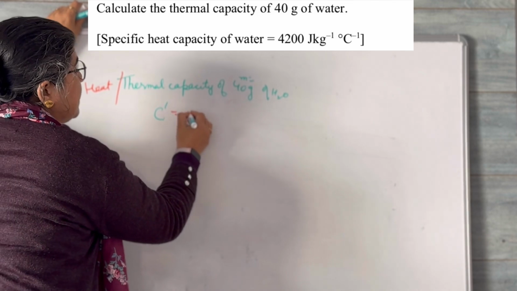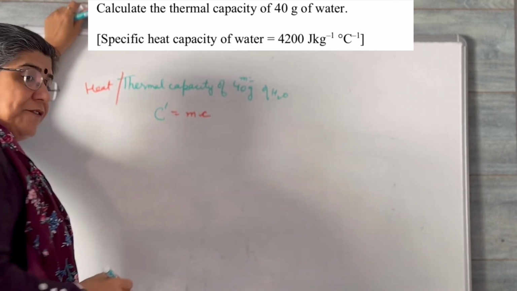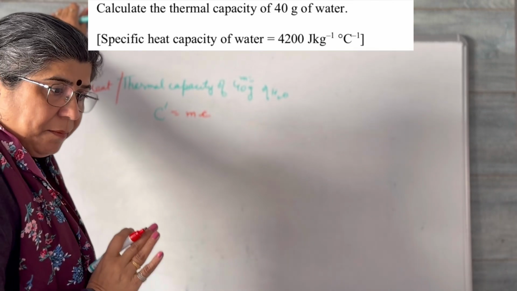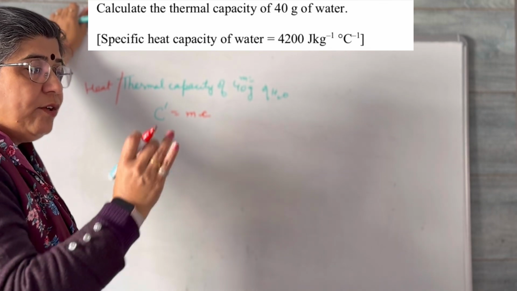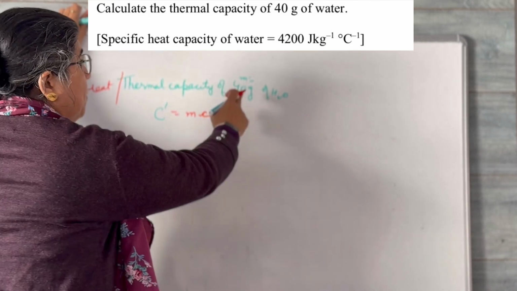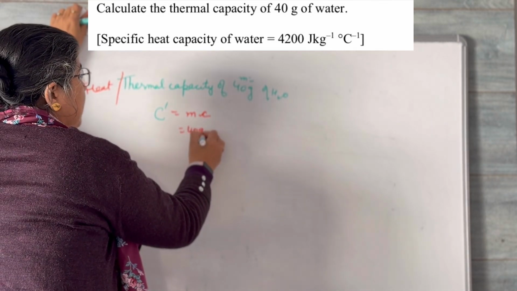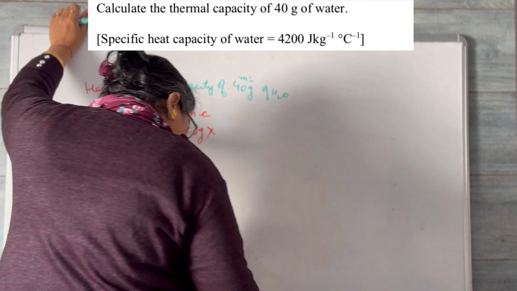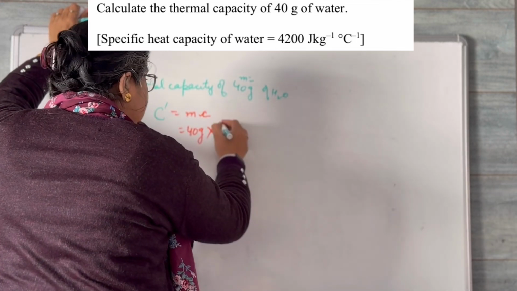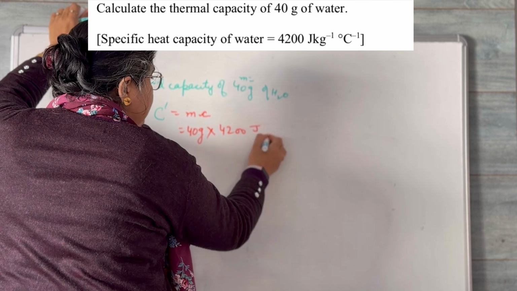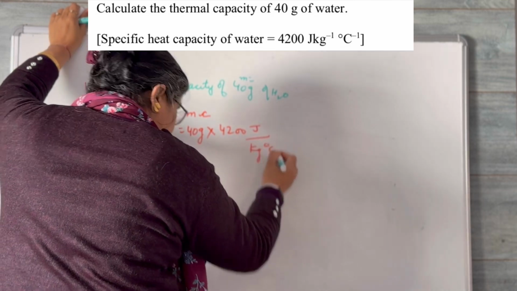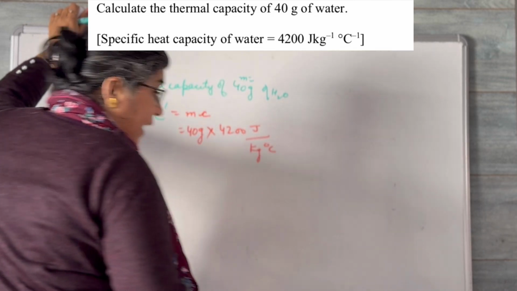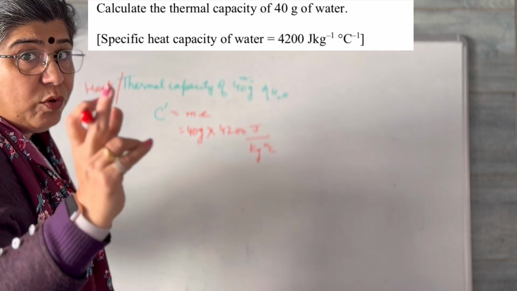And heat capacity is mass into specific heat capacity. Mass is given as 40 grams and specific heat capacity of water is given as 4200 joule per kg per degree centigrade. Again, the game is of units.